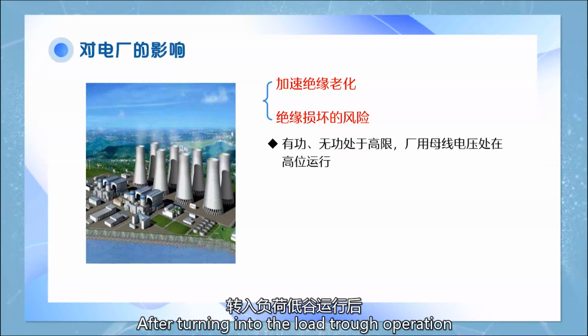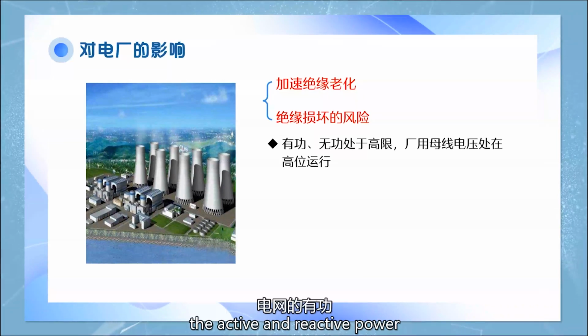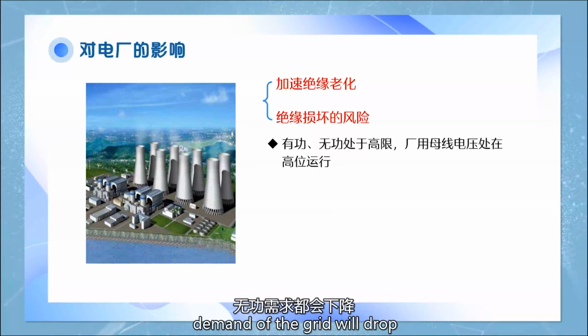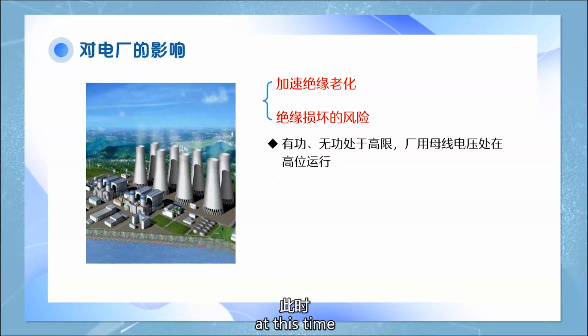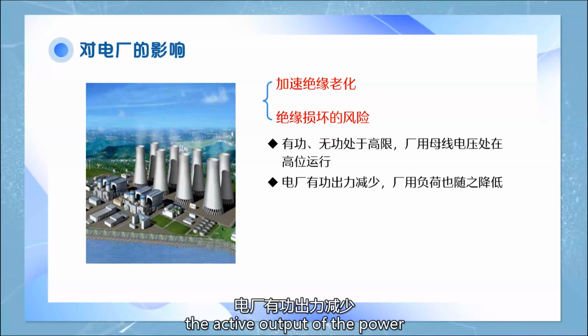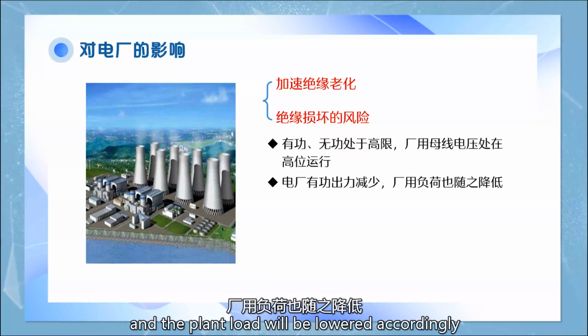After turning into the load trough operation, the active and reactive power demand of the grid will drop. At this time, the active output of the power plant will be reduced, and the plant load will be lowered accordingly.